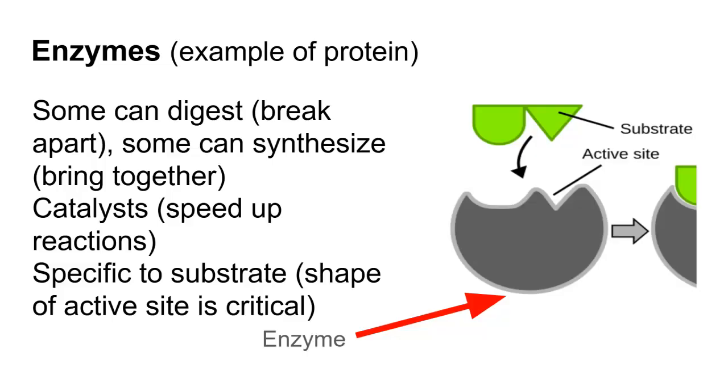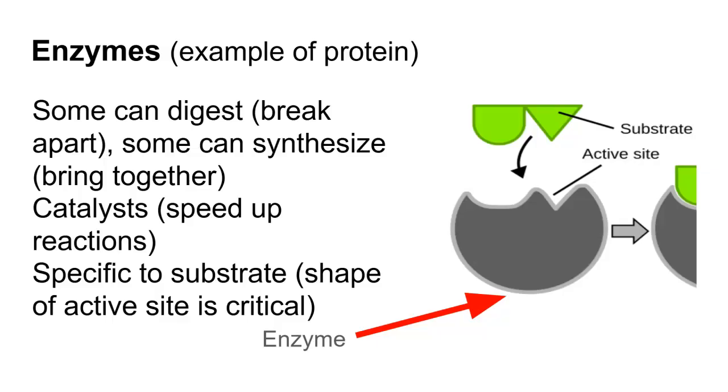Okay. All right, another example of a protein, a really important protein, is an enzyme. Enzymes can digest things. They break them apart. Enzymes can also, depending on their function, some can bring things together. Okay, they catalyze reactions, so they speed up chemical reactions, and they are very specific to the substrate.